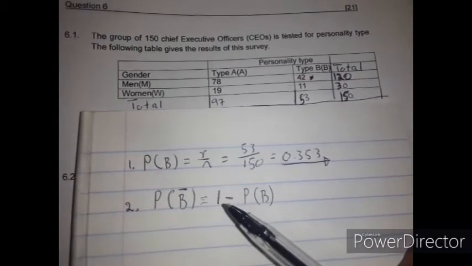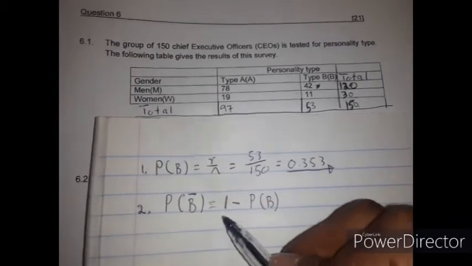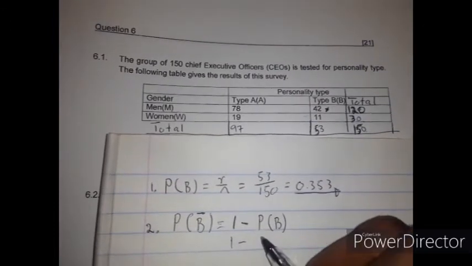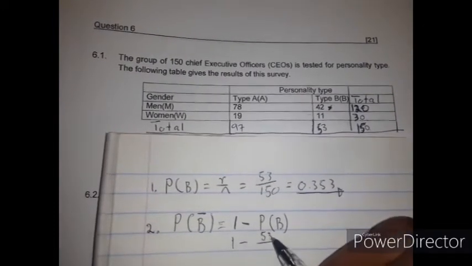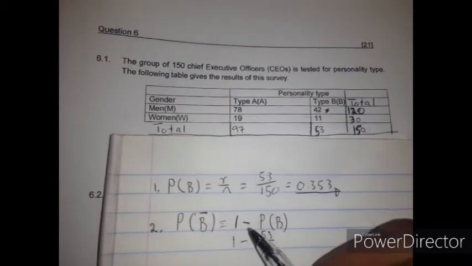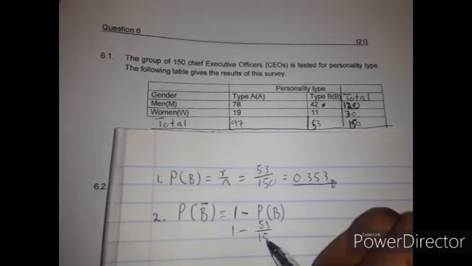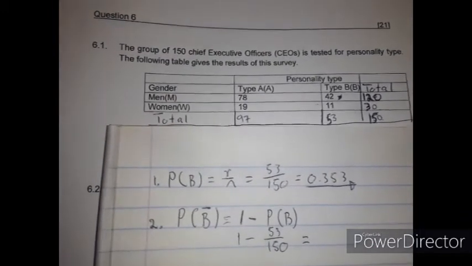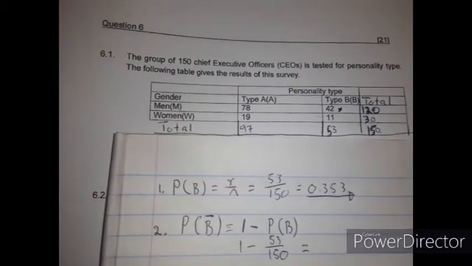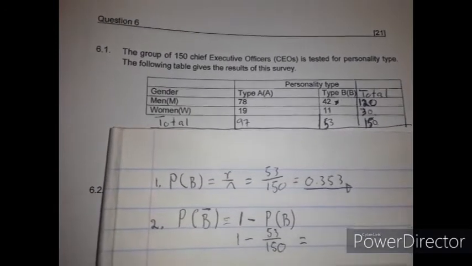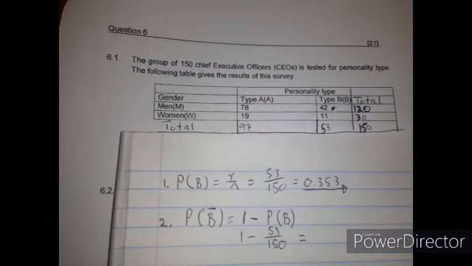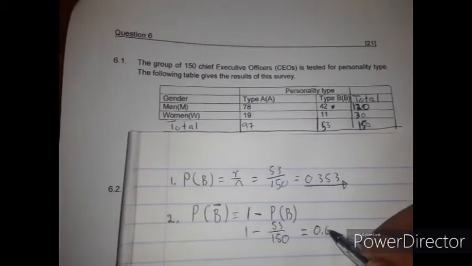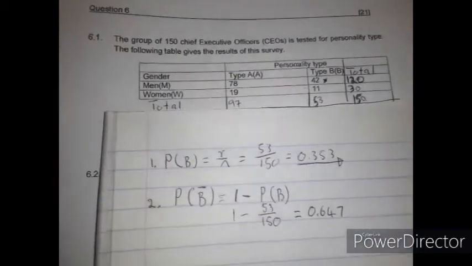So we are excluding the probability of type B from 1, which we calculated like this: 1 minus 53 over 150, which gives us 0.647.